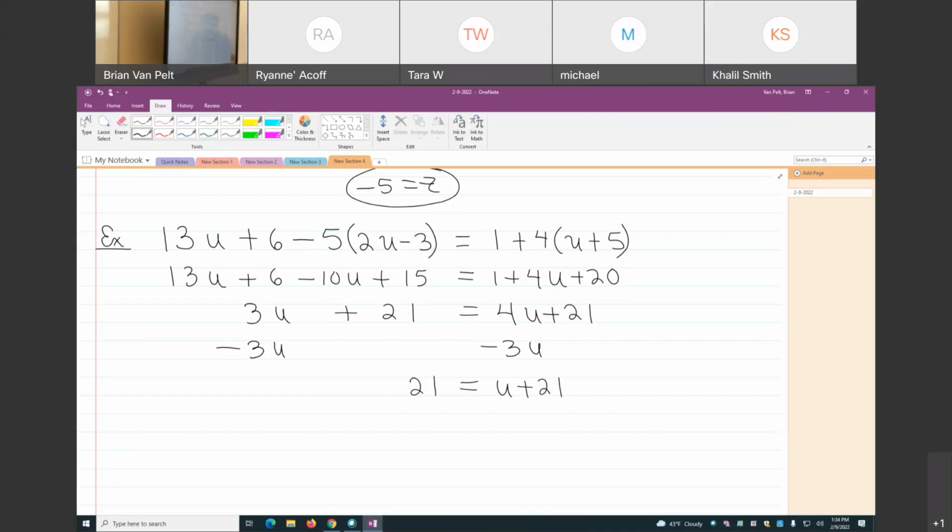What next? Subtract 21. Now, anticlimactic. It's sort of a letdown when you do a long problem, and that's the answer. That's true.